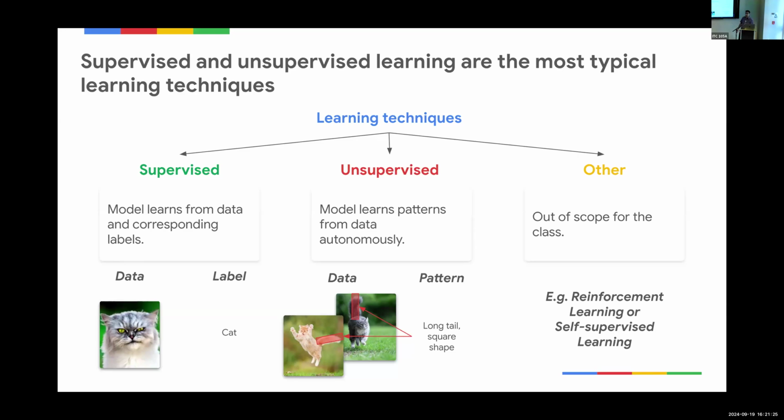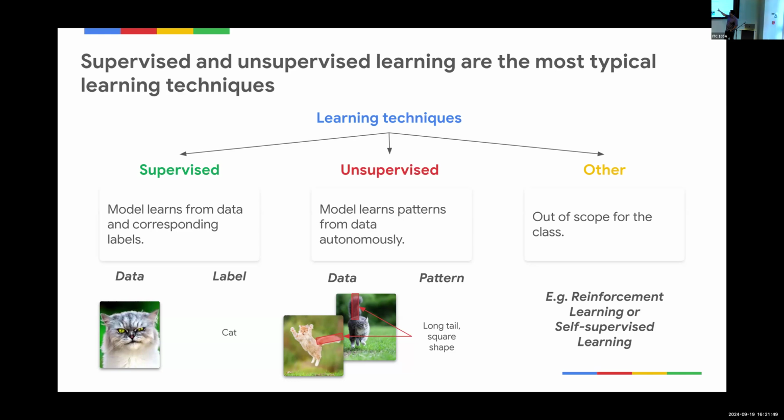At a high level, there is supervised machine learning, where the model learns from a labeled set of data. So you feed it images of cats and they're labeled as cats. If you go back to the video, you feed it a set of images and you tell the machine, it's a cat, it's a dog, it's a bird.